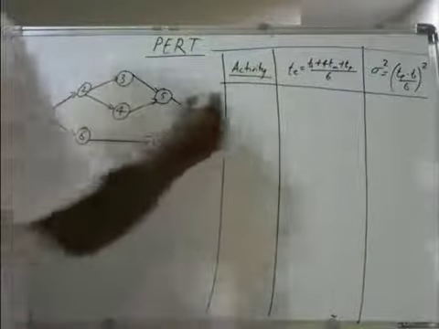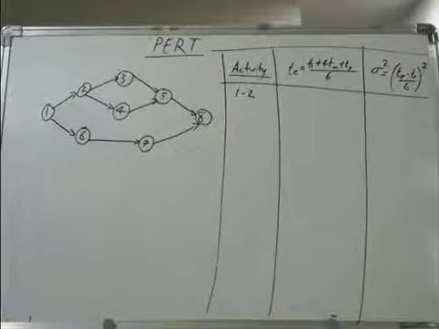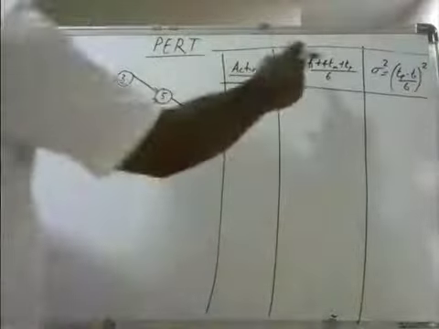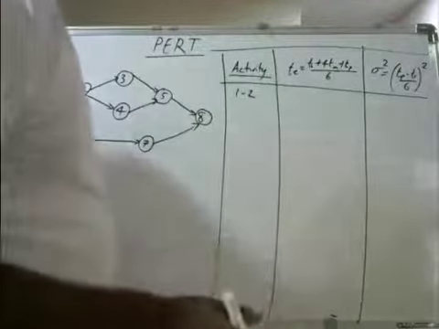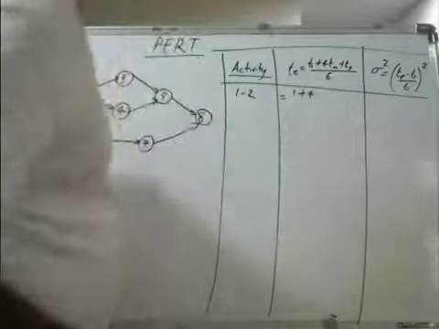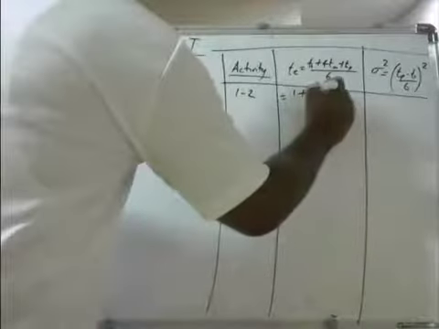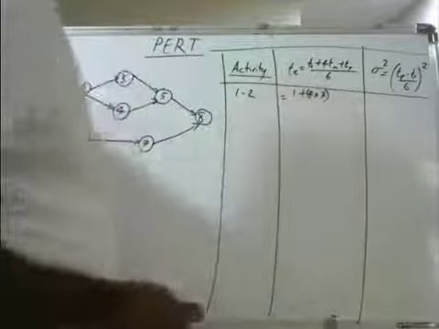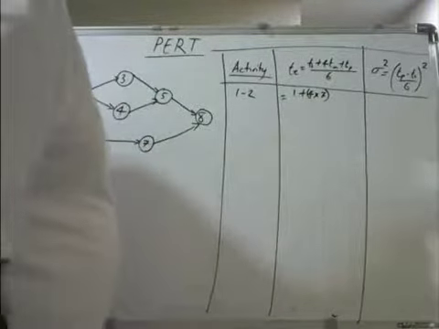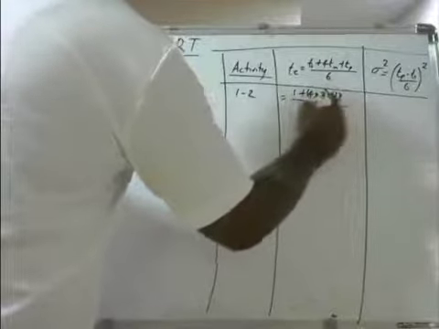Now the first activity is 1 to 2. When you get the first activity, you need to see what is T0 or A. T0 or A is 1, plus 4TM, that is 4M, 4 into 7, plus TP or B, that is 13, divided by 6.